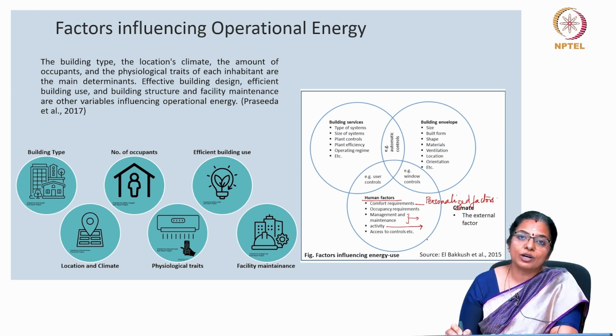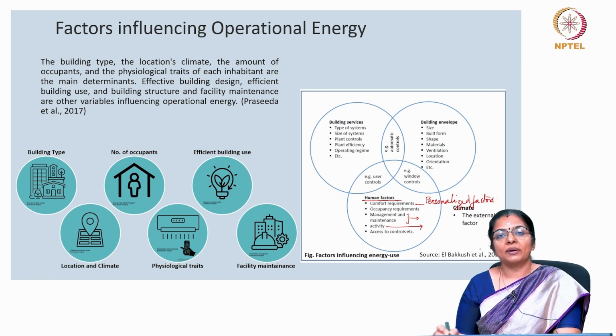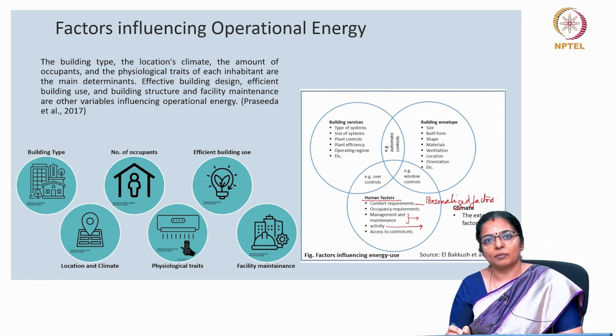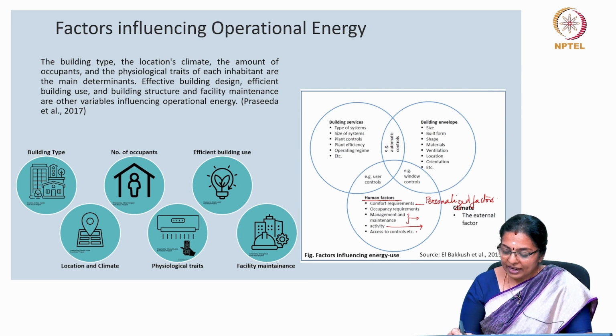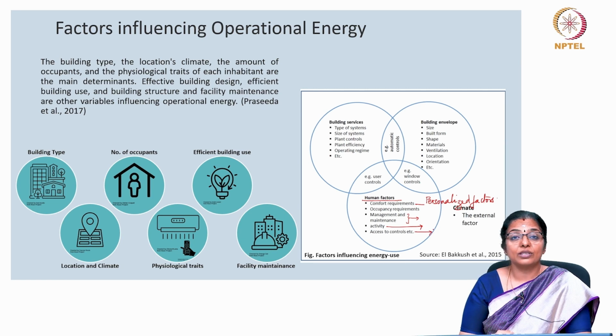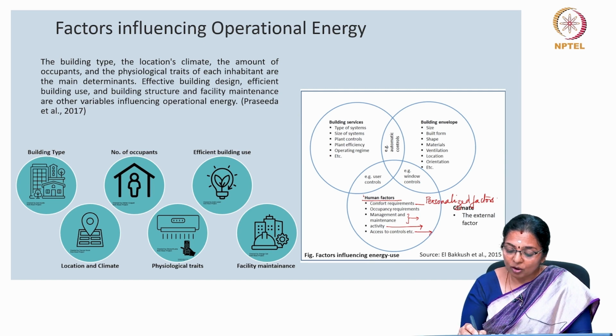So, can you imagine what happens in a gym compared to another space where a sedentary activity takes place? And then access to control. Yes, if you have a facility to use an air conditioner, you are going to use an air conditioner in a warm place. So, these are all the human factors.